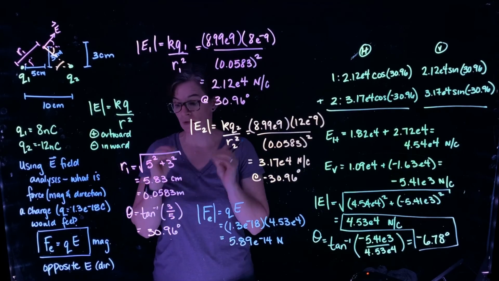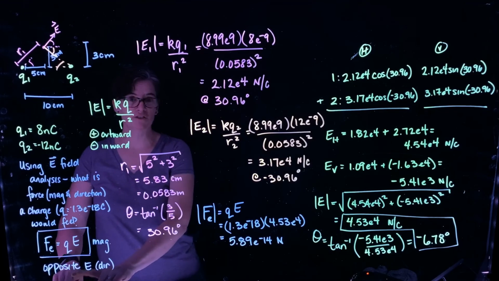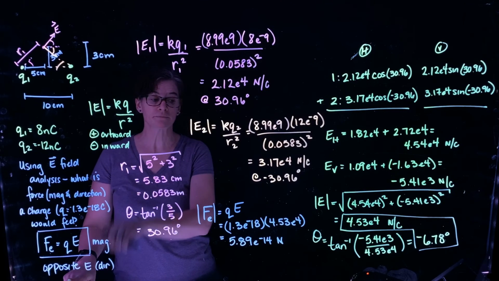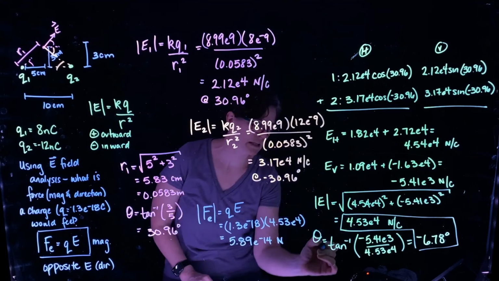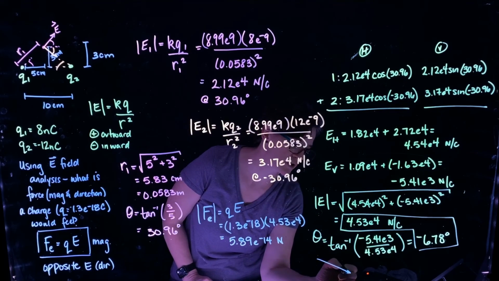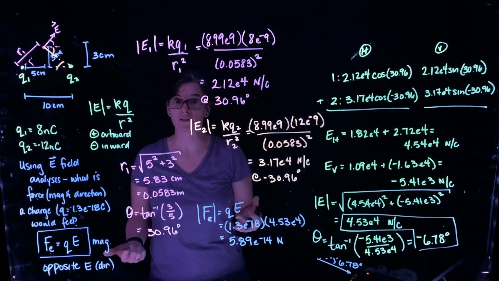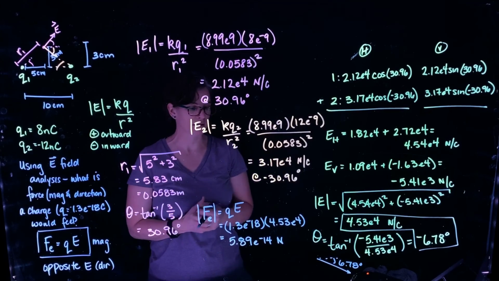Okay, so we need to remember that with a negative charge, the direction is opposite the electric field. So the electric field is pointing in the 4th quadrant at an angle of 6.78 degrees. So the true angle is negative 6.78 degrees.